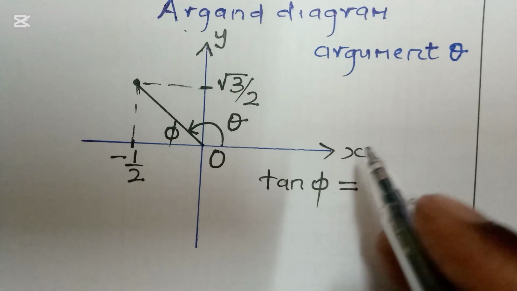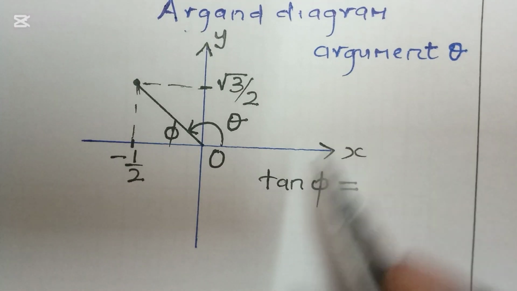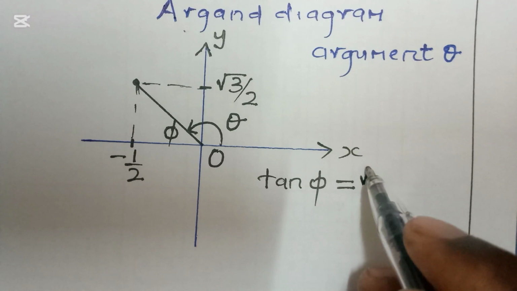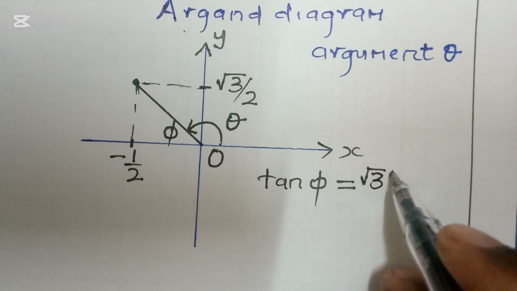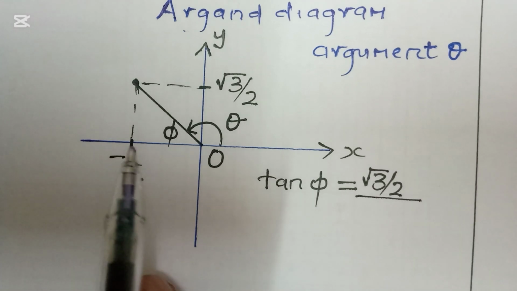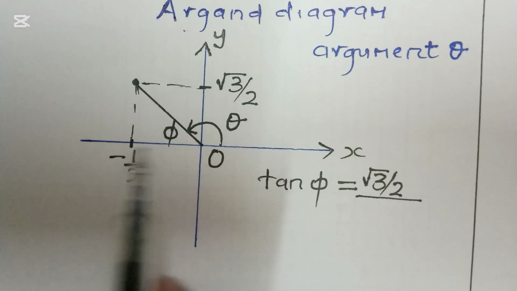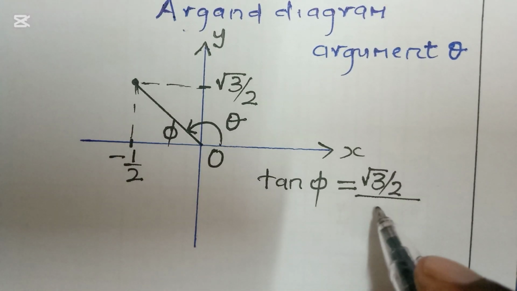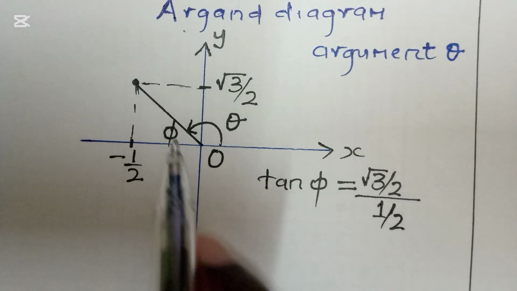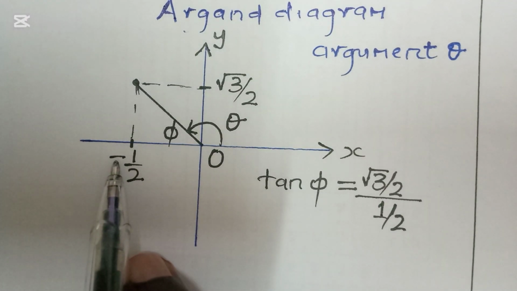So tan phi is opposite over adjacent. Opposite is root 3 over 2, all over the adjacent. Guys, we put here a half. And because we are looking for this angle that is right here, we don't have to put a negative.